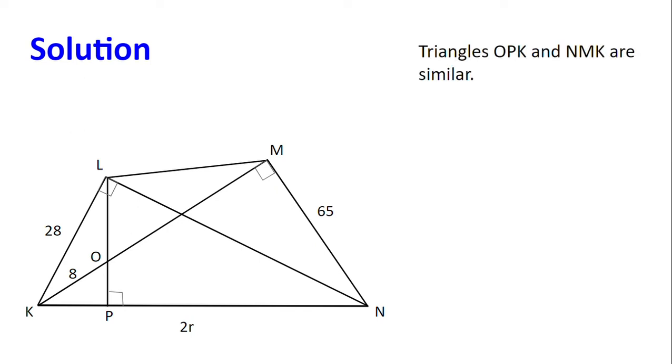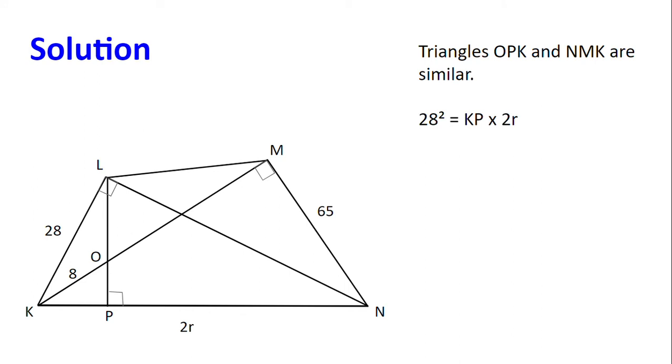Right, so triangles OPK and NMK are similar. This is because angle KPO is 90 degrees and angle KMN is 90 degrees. Angle OKP is the same as MKN, and because two of the angles are the same, the third must also be the same, which is why they're similar.